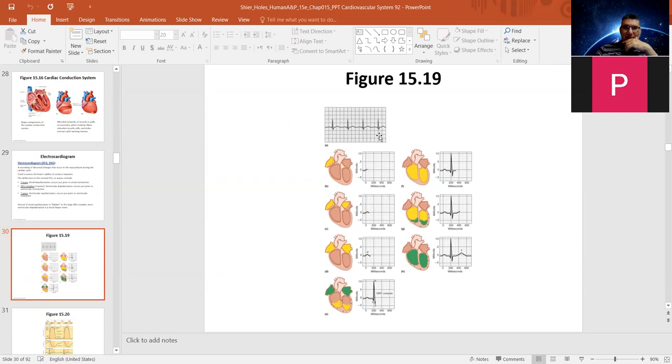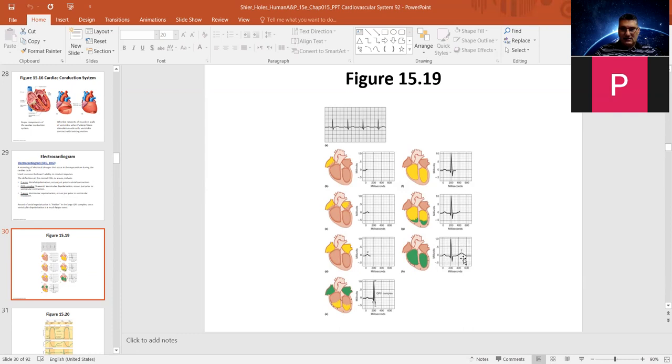So if you look at a picture like this, the first one here is the P. It will go up and down. Let me make it a little bit bigger. This is the P wave. Now I added the QRS.